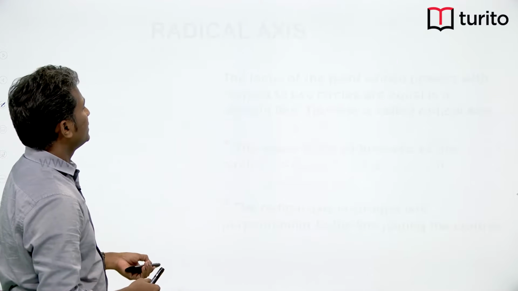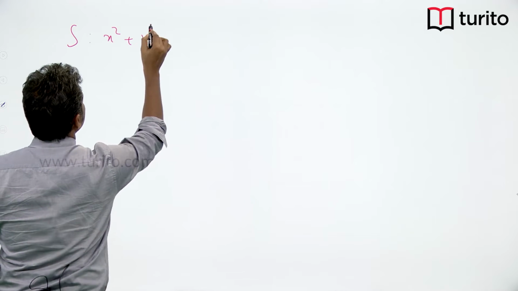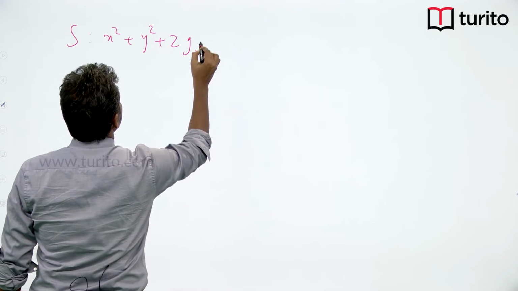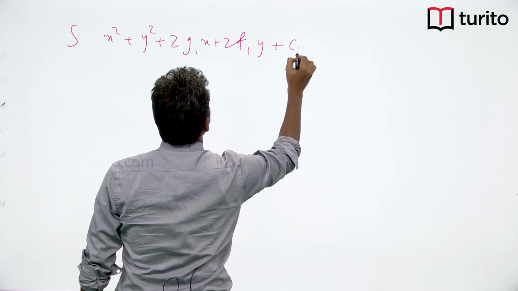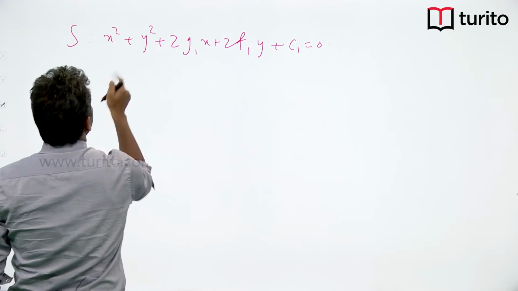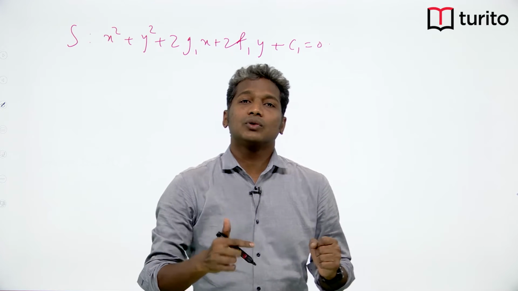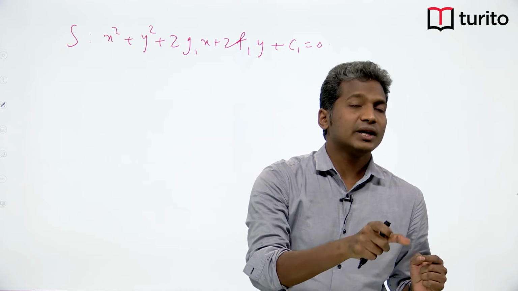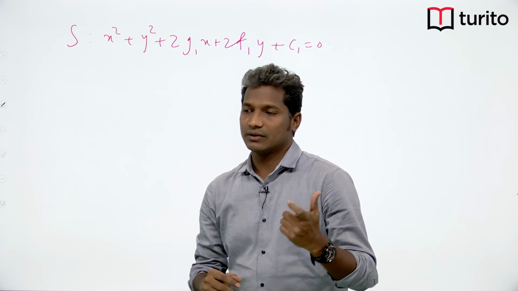I will just take the next slide for explaining this. Suppose I take S as x square plus y square plus 2g1x plus 2f1y plus c1 equal to 0. Here standard form must have coefficient of x square and y square equal to 1. Only then it is called standard form.